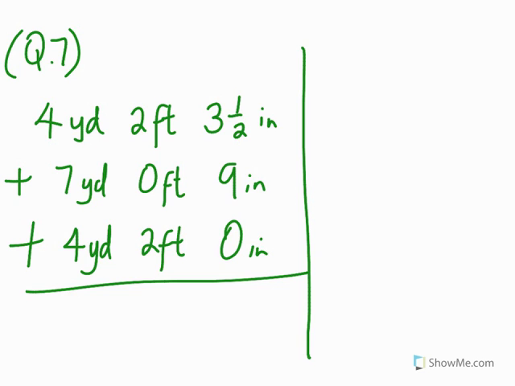Question 7. 4 yards 2 feet 3 1/2 inches plus 7 yards 0 feet 9 inches plus 4 yards 2 feet 0 inches.